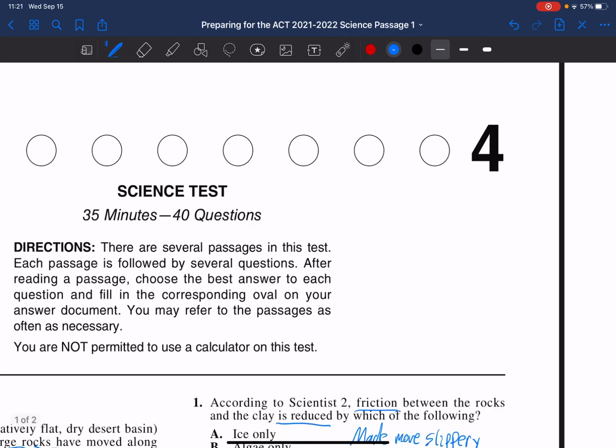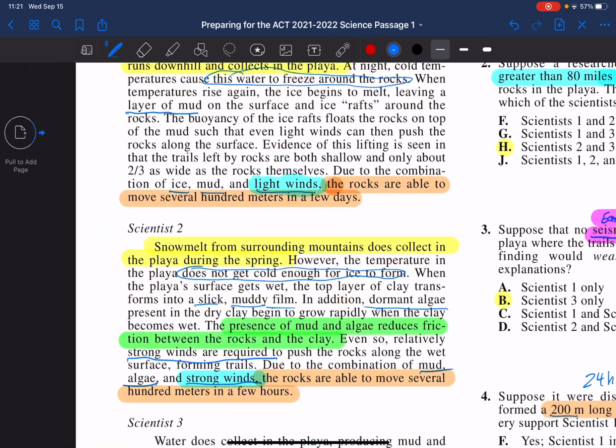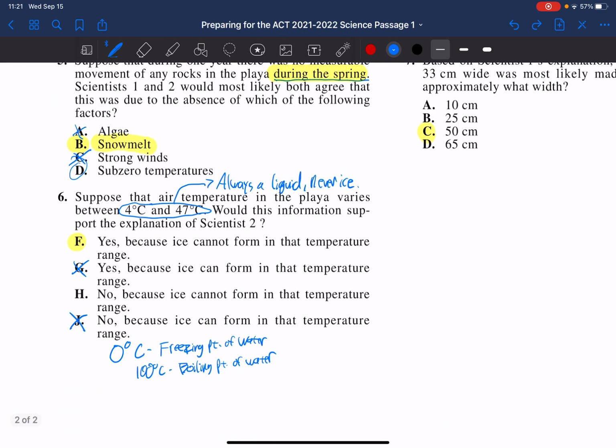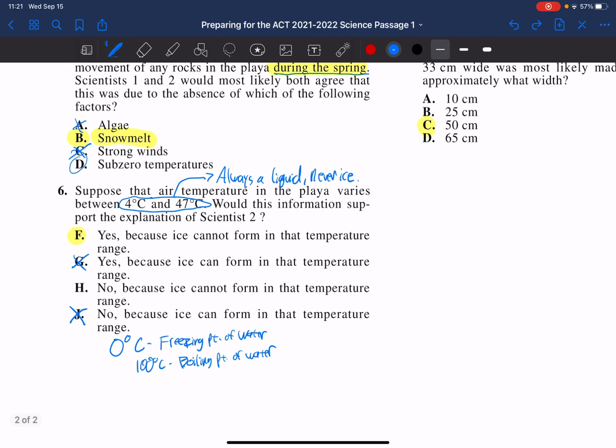So if we go back to scientist number 2, he says it does not get cold enough for ice to form. This is what we circled at the start as we read this. So that means then that, yeah, it doesn't get cold enough for ice to form, and scientist number 2 would agree with that. So that's why the answer is letter F.